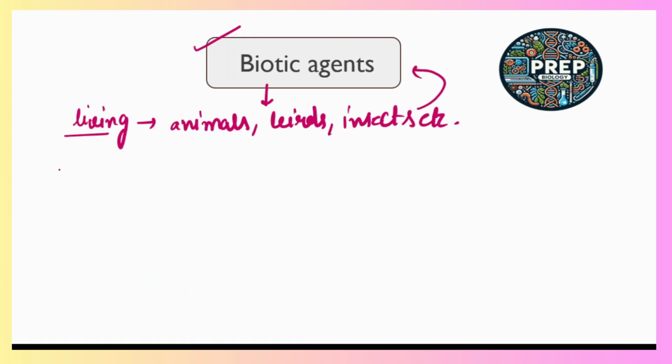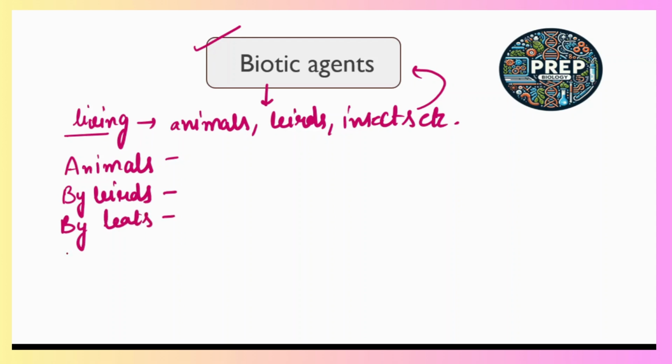Under this we have different categories like animals, birds, where transfer of pollens occurs with the help of bats, insects, large animals.